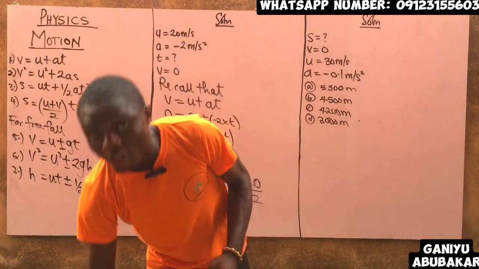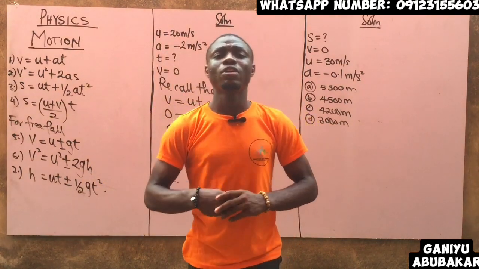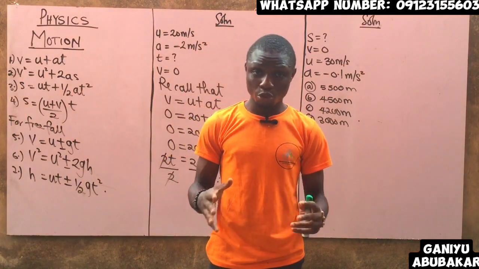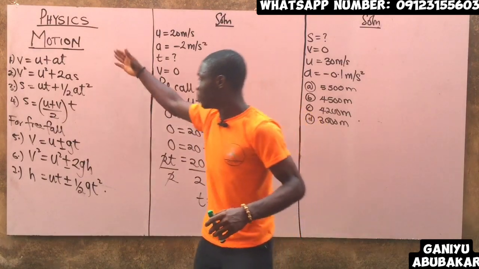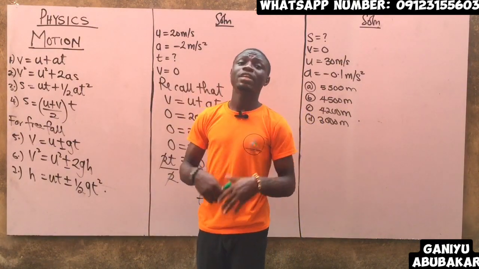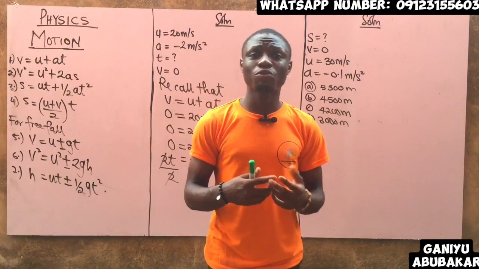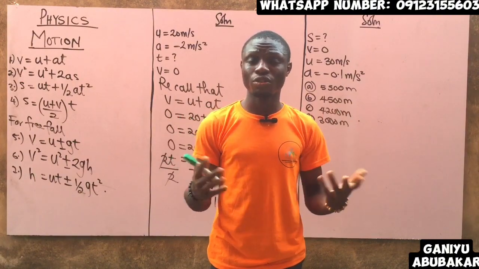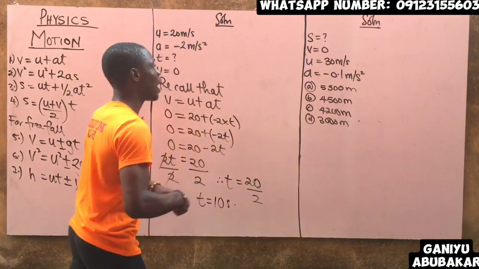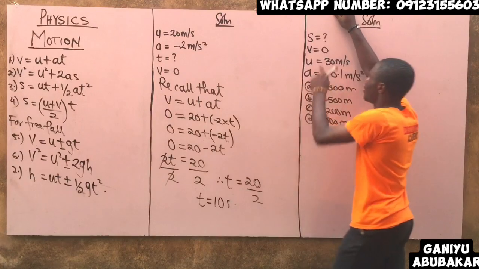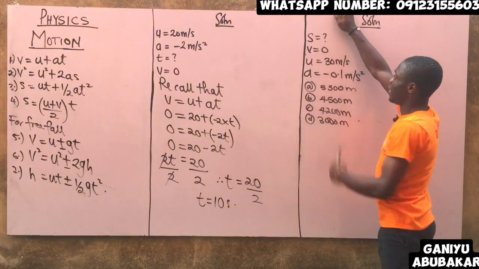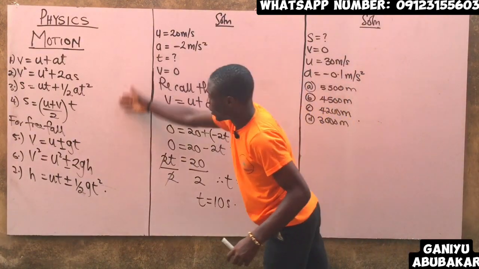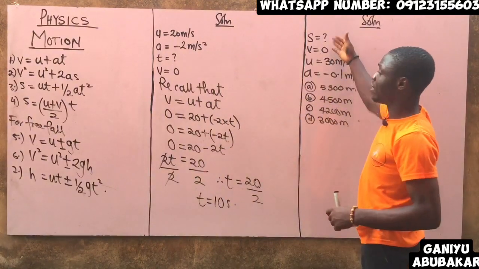So your first task when it comes to motion: can you recall this formula? That's the first task. Next task is, can you pick out u and v? That's the condition. Let's solve this one here. I'm looking for s. I'm given v, u and a. Which one of these equations can actually find distance?